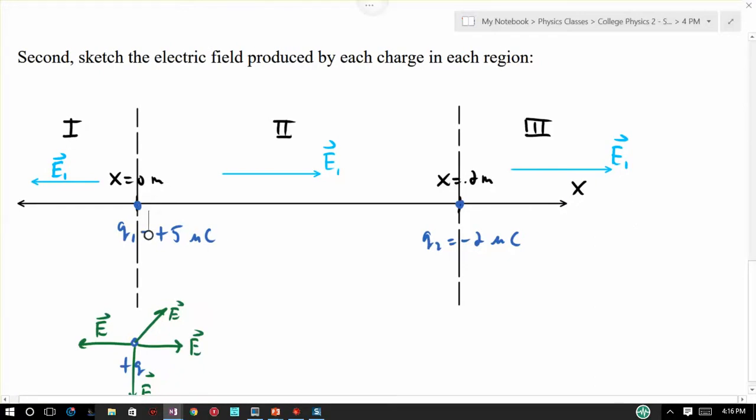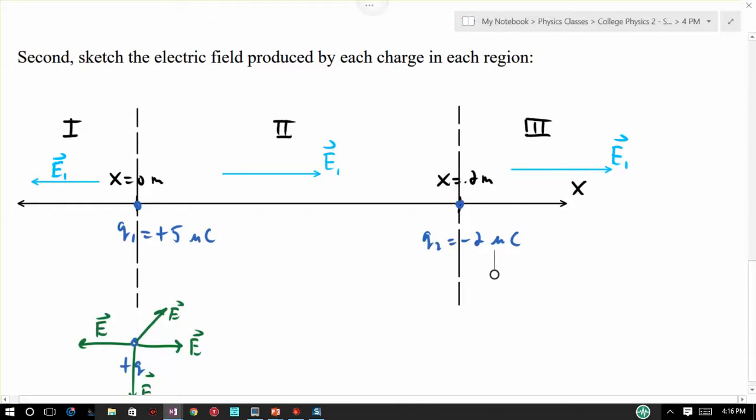But we're just looking at this as if charge 2 isn't even there. All we're saying is, suppose you're just looking at charge 1. As long as you're to the right of charge 1, the field's in the positive x direction. So that's region 2 or region 3. Don't worry about charge 2 being there. So does everyone get that for the field just from charge 1 in each one of the 3 regions?